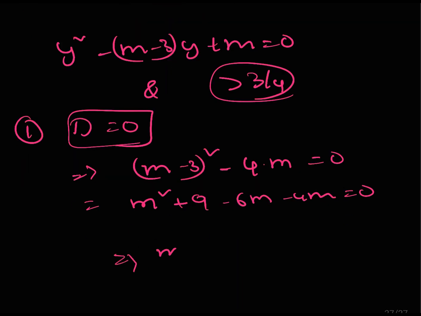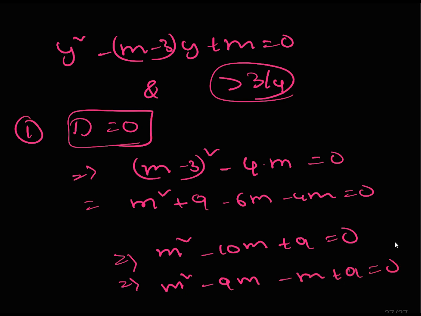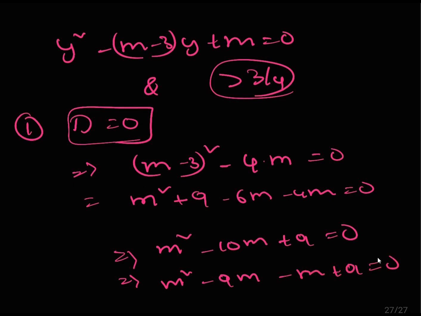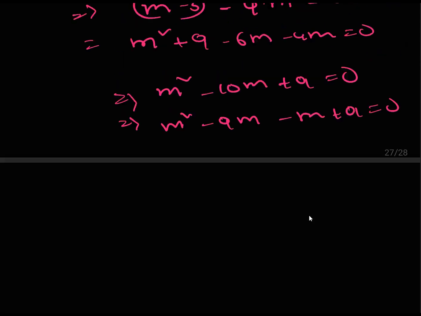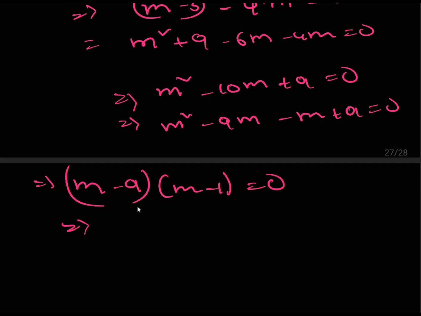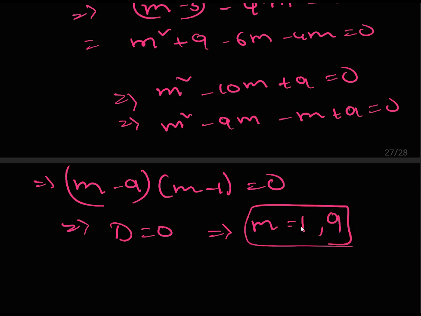That means m square minus 10m plus 9 equals to 0. m square minus 9m minus m plus 9 equals to 0. From here we get (m minus 9) into (m minus 1) equals 0. Therefore, for discriminant equals to 0, m can be either 9 or 1.